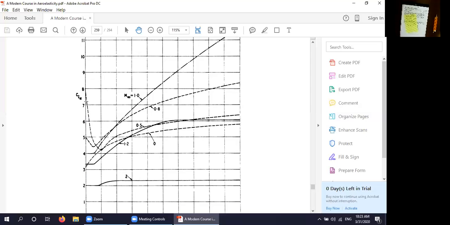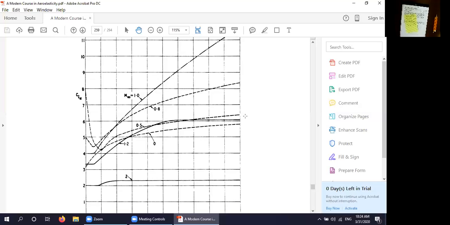But then as time goes on, that piston theory value quickly is no longer a good approximation. And so we start out at a large value of the lift coefficient, or the lift curve slope. We go to a minimum value, and then it comes back up and reaches a steady state value at large time.